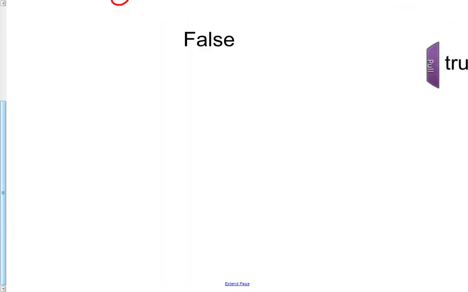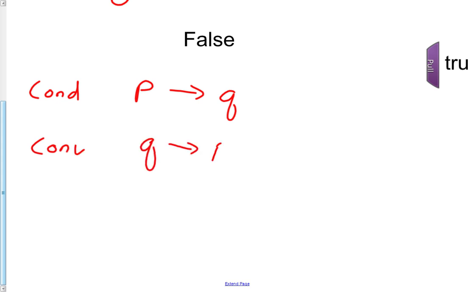Just to summarize, the conditional statement is if P, then Q. And that is the conditional statement. So the converse is the opposite order. Q comes first, then P. The inverse is where you still have P, then Q. However, it is if not P, then not Q. So you put nots on both the hypothesis and the conclusion.